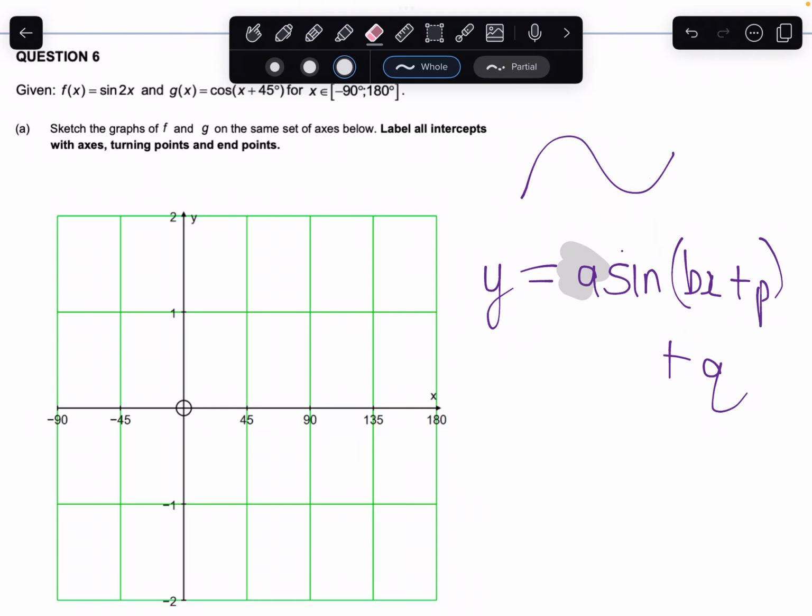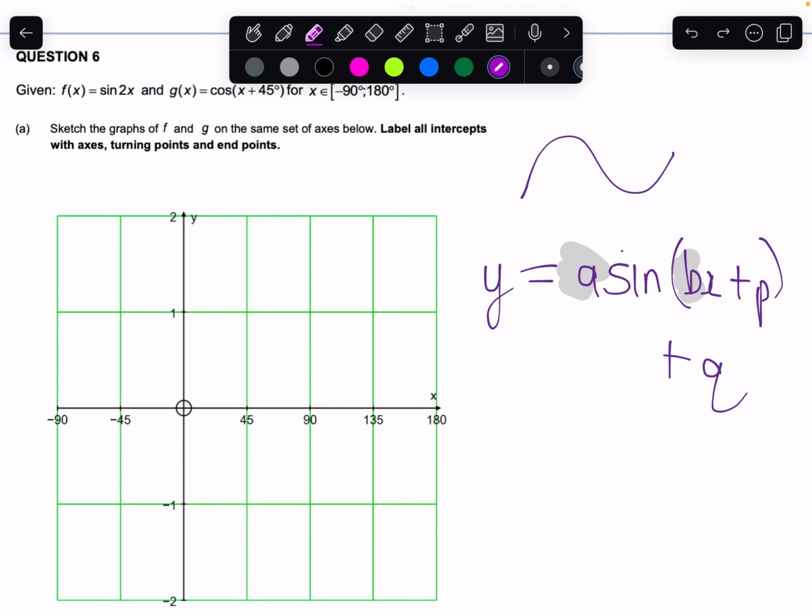Okay, and then the next one also does a stretch, but a horizontal stretch. So the graph will look something like that, or it will look like that, like it's going super slow.